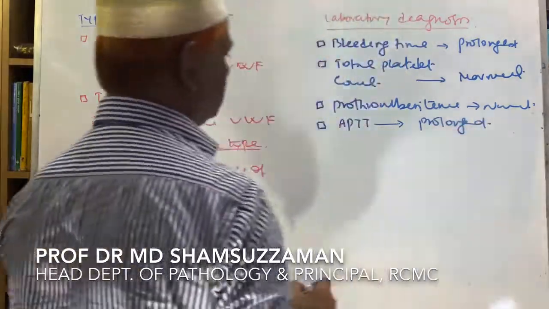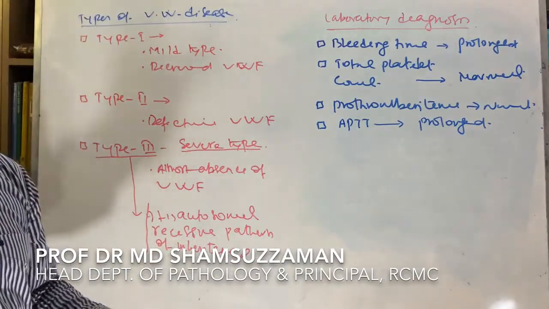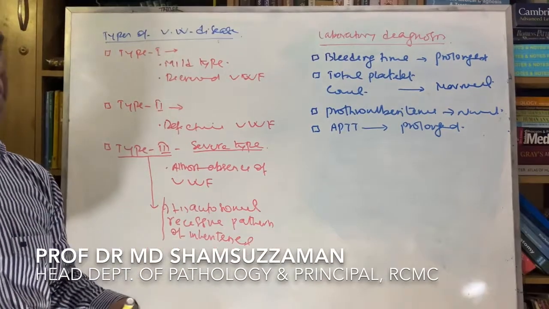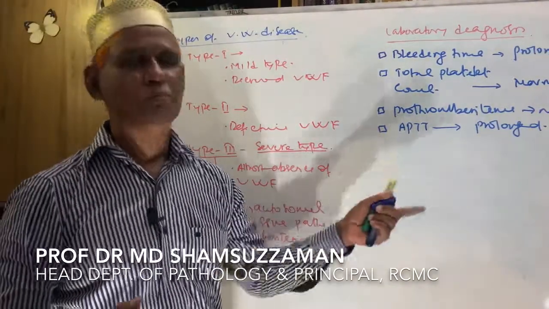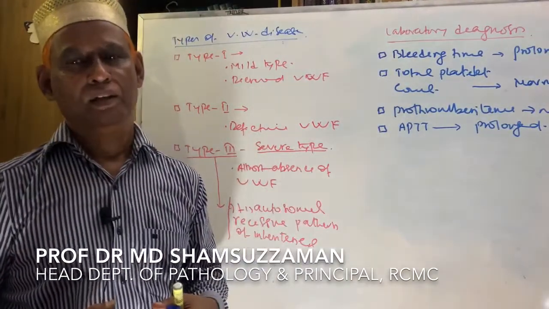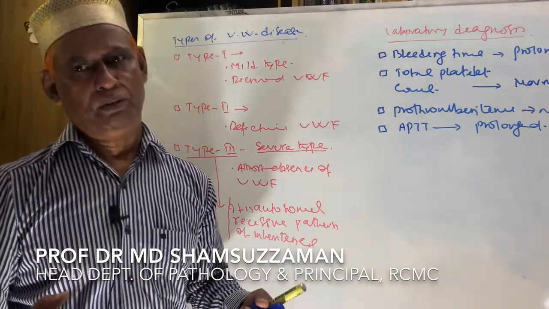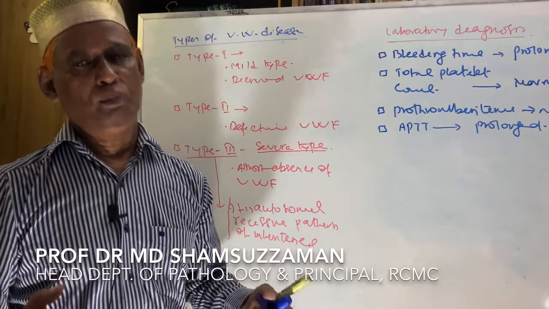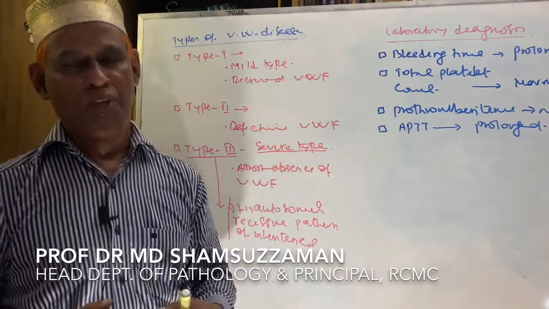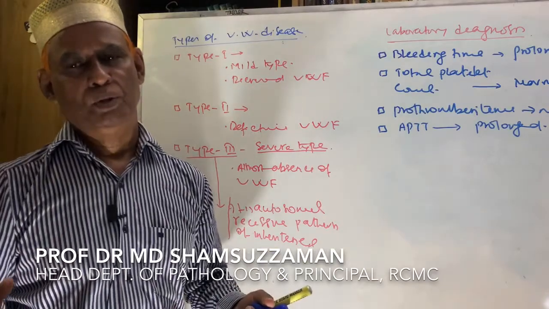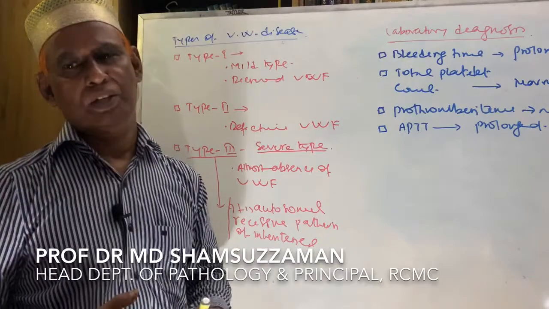We get activated partial thromboplastin time prolonged in hemophilia. Here we are getting APTT prolonged. Why? I have told you von Willebrand factor stabilizes factor 8 for 12 hours. As this factor is deficient or defective, it cannot stabilize factor 8. So APTT is increased.